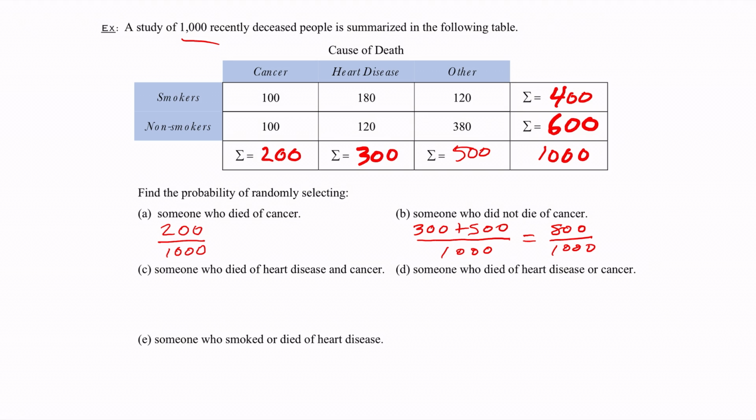Looking at someone who died of heart disease and cancer, well, since these are disjoint events, in other words, there are no people that died of both cancer and heart disease according to the table, we would assign a probability of 0 to that event. Someone who died of heart disease or cancer, well, we can look at now the sum of those two probabilities.